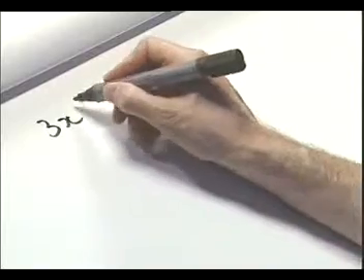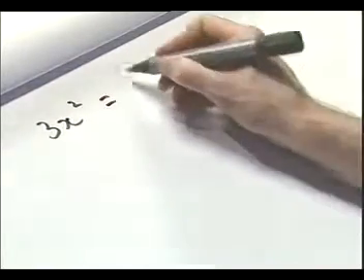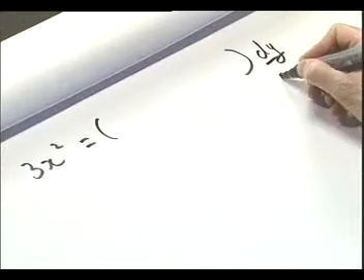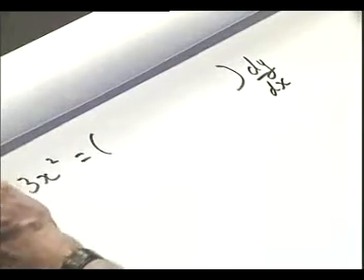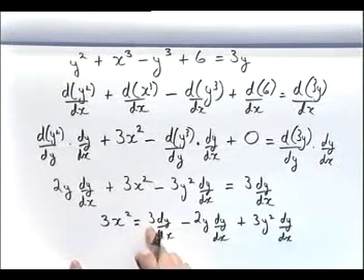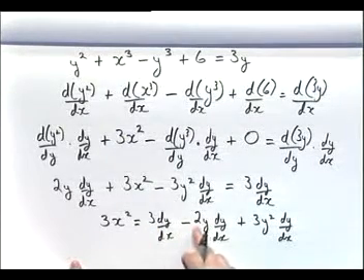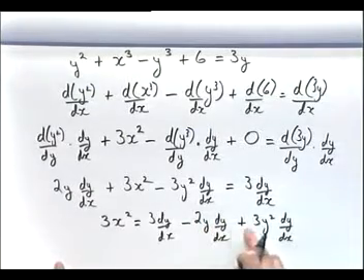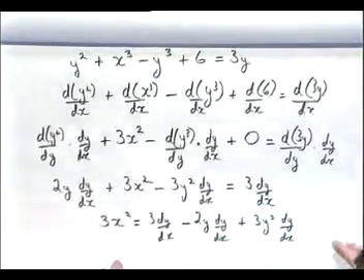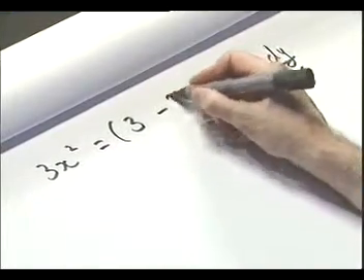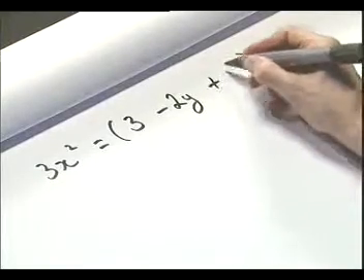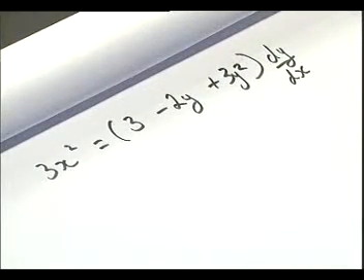So we'll have 3x squared equals, bracket, and taking out that common factor of dy by dx. So let's just go back and have a look at what dy by dx was multiplying. It was multiplying a 3, it was multiplying a minus 2y, and it was multiplying a plus 3y squared.